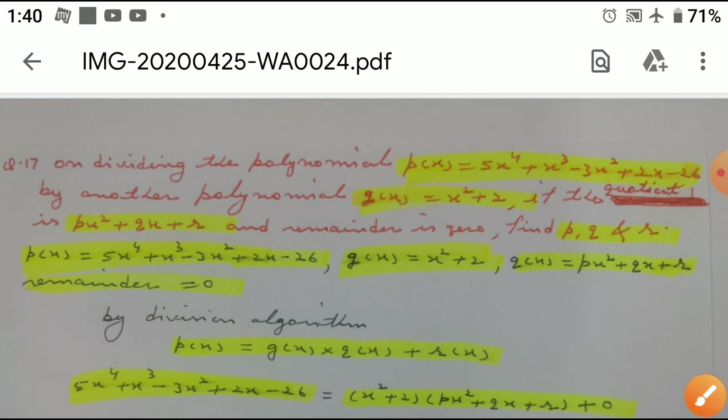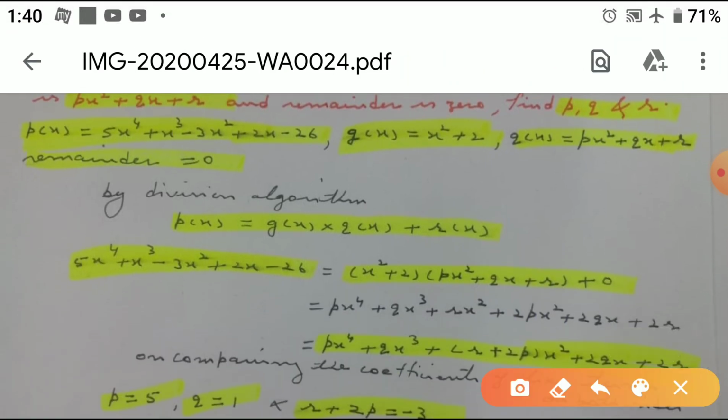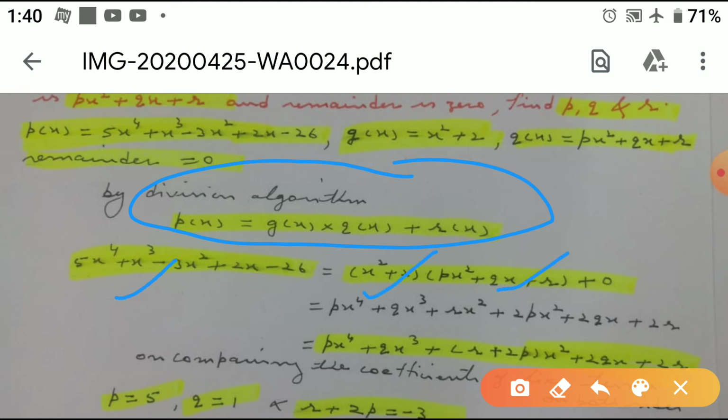Clear? So in this question we use division algorithm, that px is equal to gx into qx plus rx. So this is px, this is gx, this is qx, this is rx.